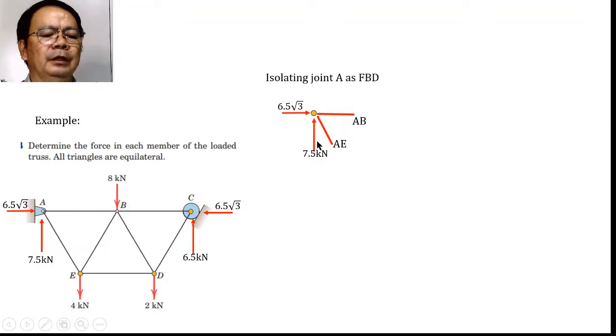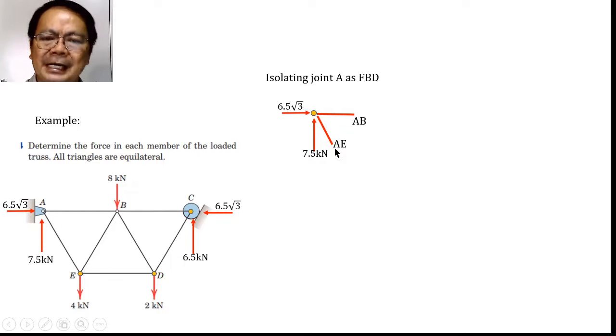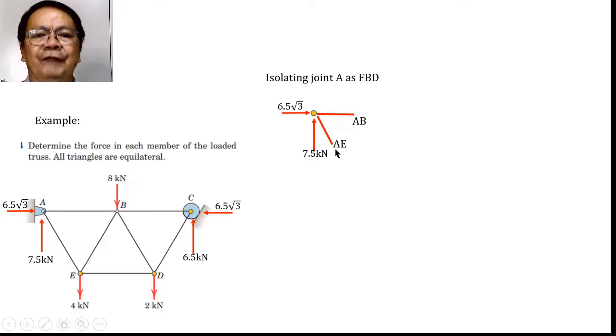So, makatuwid, dahil wala namang panggagalingan na vertical component sa A, manggagaling lamang yung vertical component from AE. At ang sabi nga, for the vertical components to be 0, itong vertical upward na nanggaling sa A sub V ay dapat mabalanse ng vertical component ng AE. Sa makatuwid, AE must have a vertical component that is directed downward.